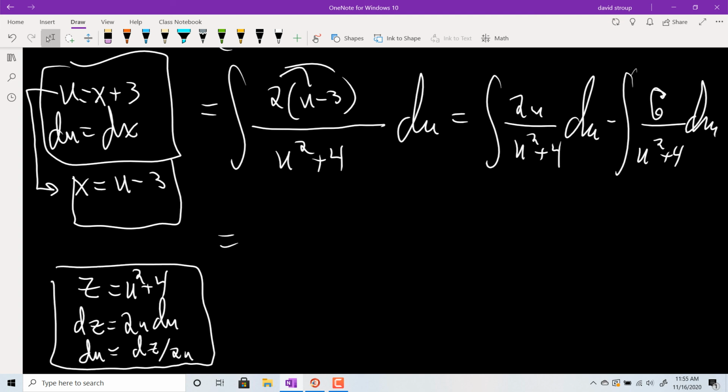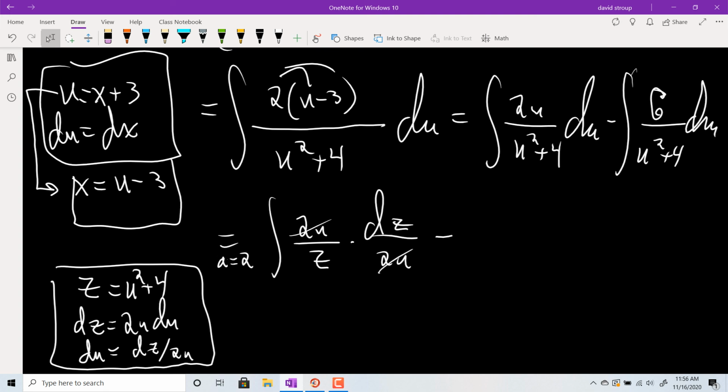So I'll end up with, and I can factor out a 2 if I wish, but I don't really need to, because it's going to cancel out, right? So it's 2u all over z times du, which is dz over 2u. The 2 u's will cancel. Minus, with an a value of 2, I just use my formula for arctan.